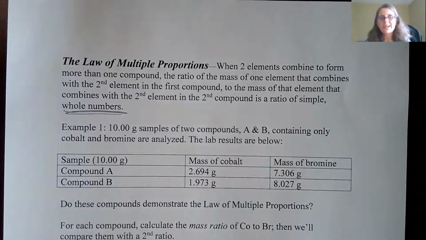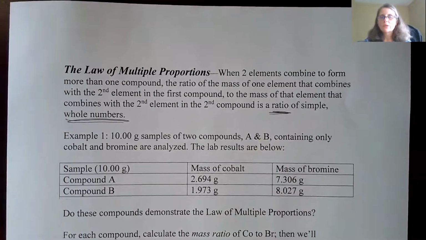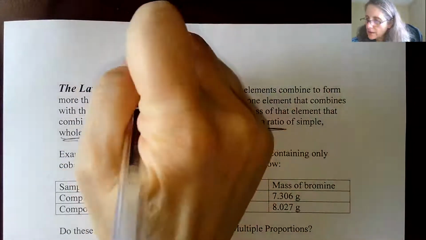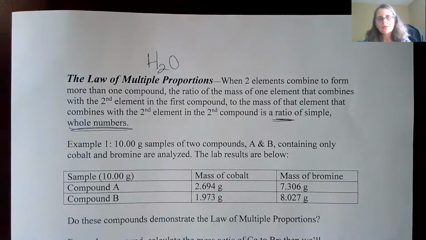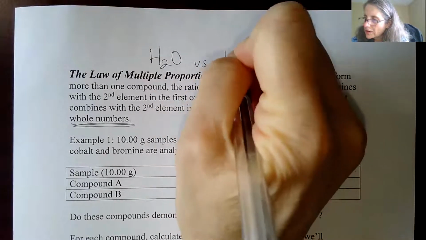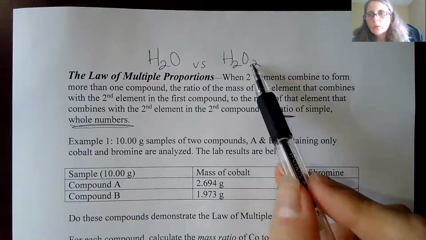So when we do a ratio, okay, we're going to be doing ratios with this. We're talking about two different elements in two different compounds. Again, we haven't done too much with symbols yet, but this will be something you might be familiar with. We have a formula for water, which is H2O, versus a chemical called hydrogen peroxide, which is H2O2.